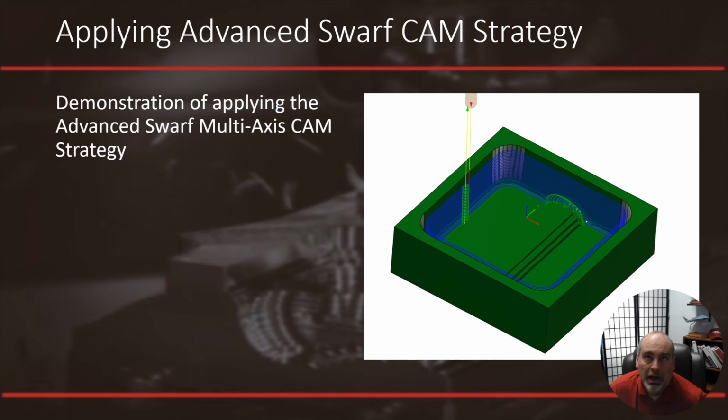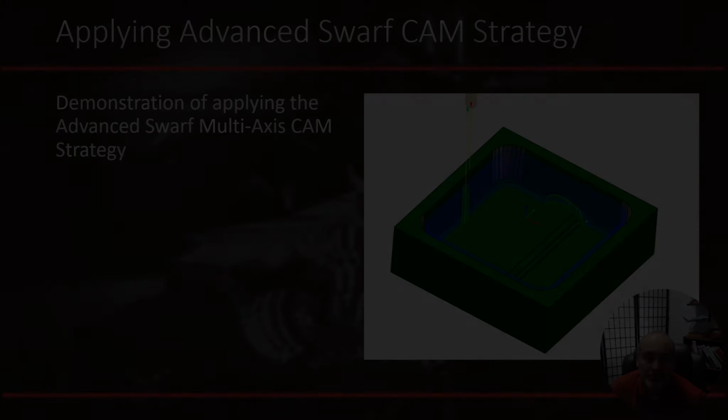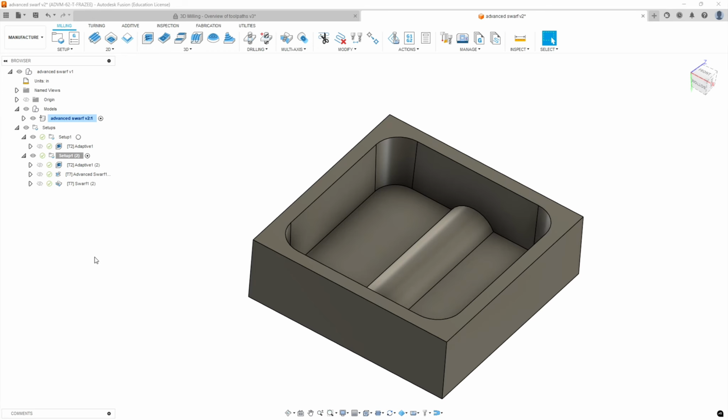Now let's apply the Advanced Swarf strategy in this Fusion CAM demonstration. This is a demonstration of the Advanced Swarf command. The Advanced Swarf command is supposed to build on Swarf. It is a little more efficient when you're selecting multiple chains and locations, so if you had a part with lots of pockets.